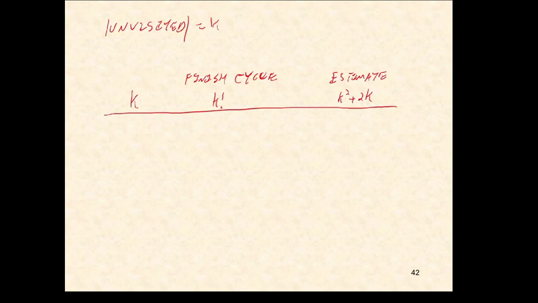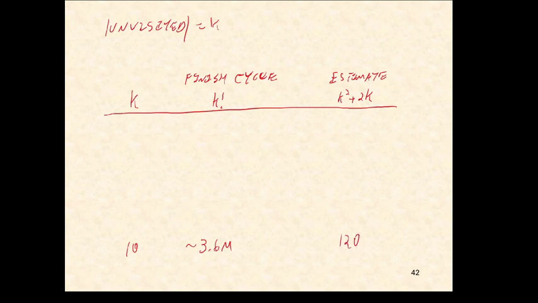All right, so let's go big K first. If there's 10 vertices remaining, the cost to finish the unvisited vertices would be about 3.6 million, approximately 10 factorial. However, the time to do the estimate would be 120.